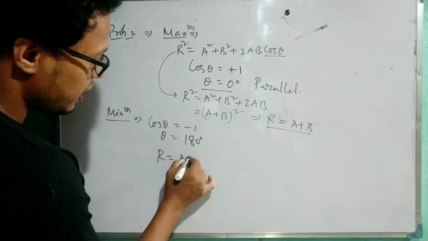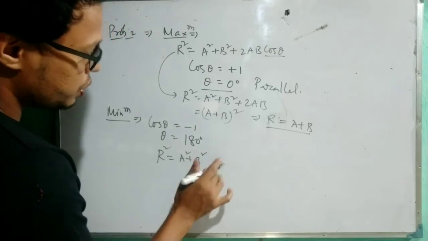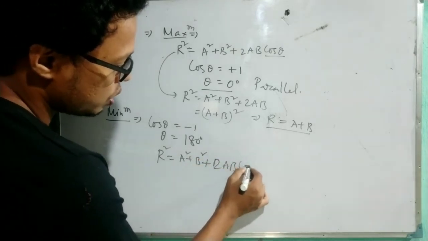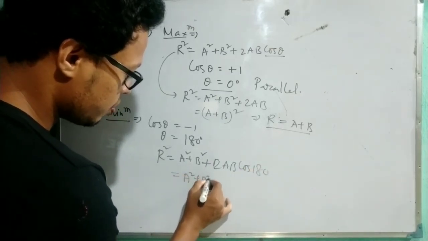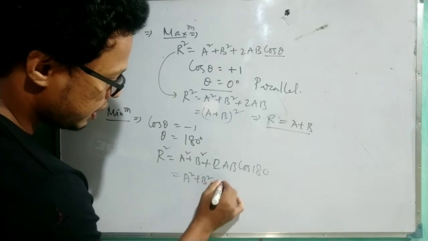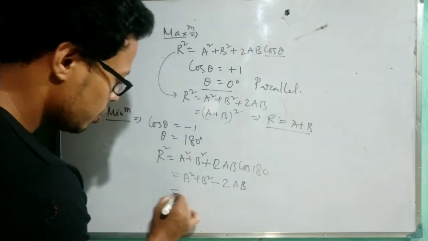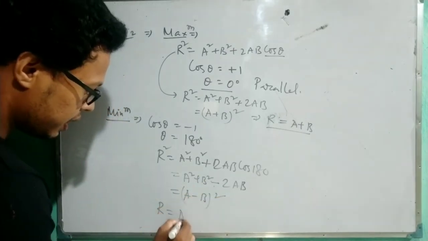R equals root of A square plus B square plus twice AB cos 180. Cos 180 is minus 1, so it is A square plus B square minus twice AB. So it comes A minus B whole square, and R equals A minus B.